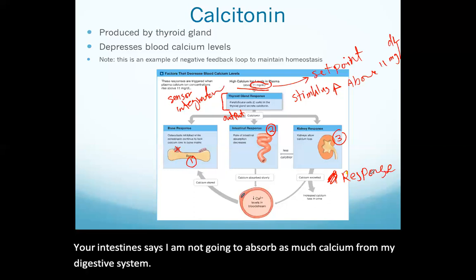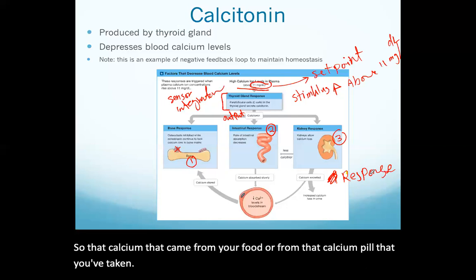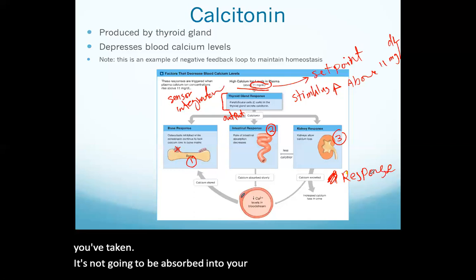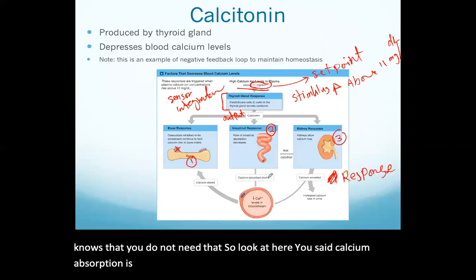So that calcium that came from your food or from that calcium pill that you've taken is not going to be absorbed into your bloodstream because your body knows that you do not need that. So calcium absorption slows down within your small intestine.